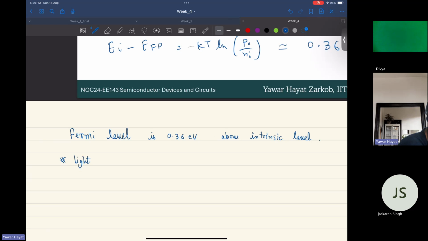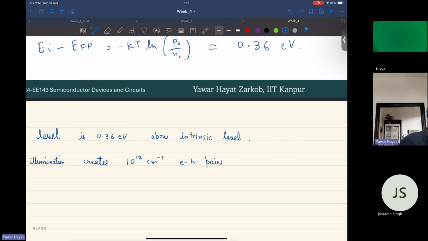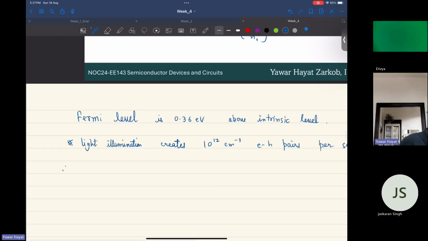The light illumination creates 10 to the power 12 per centimeter cube electron-hole pairs, right, per second. So therefore, your delta N is equal to delta P is equal to 10 to the power 12 per centimeter cube, right?